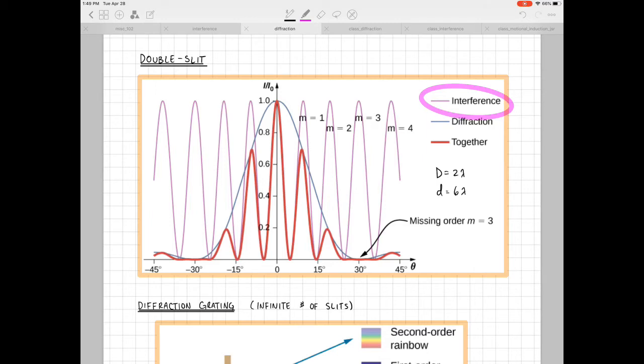But since our slits have some finite width, you will also have diffraction on top of that interference pattern. The diffraction in this picture is denoted with the blue line.